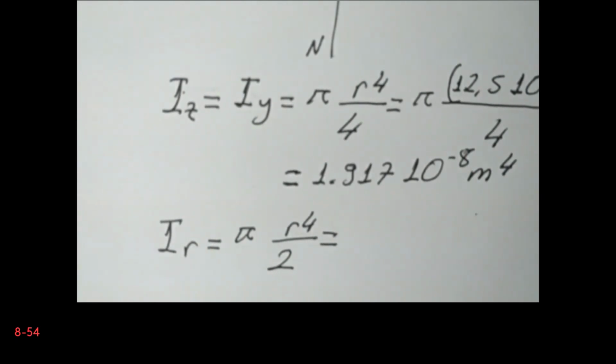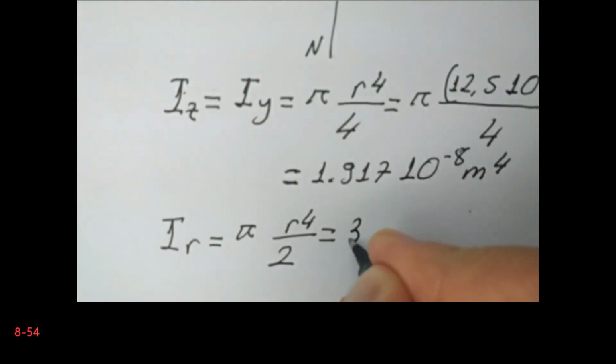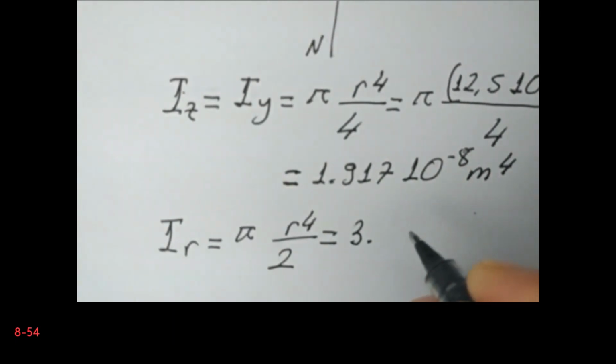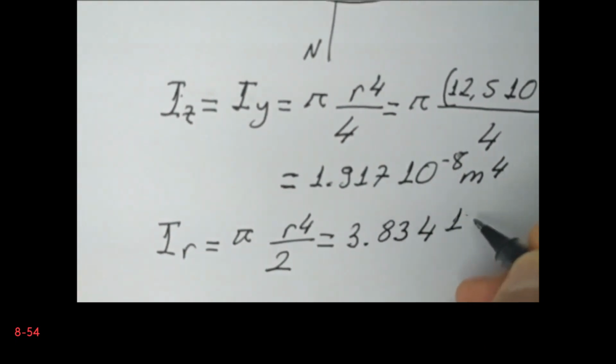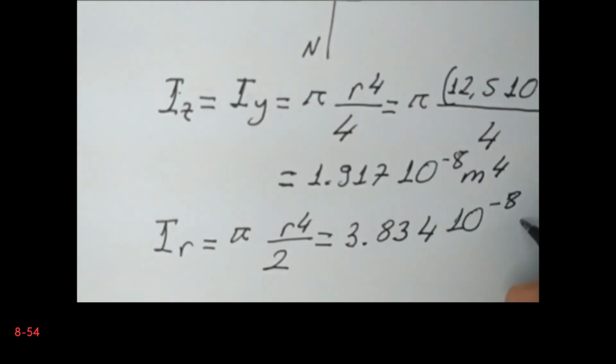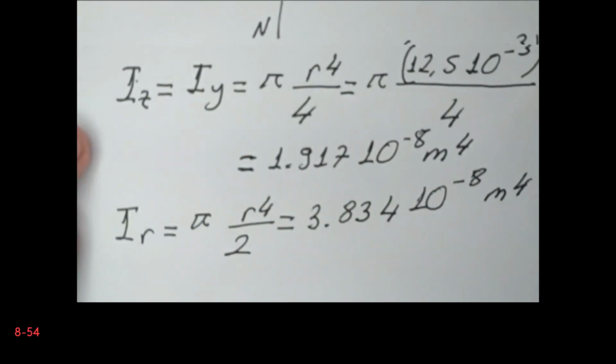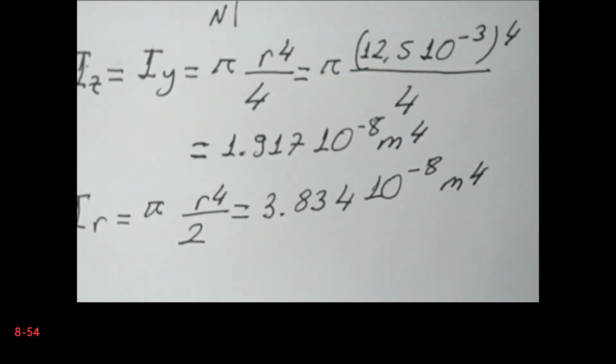The value is 3.834 × 10 to the power minus 8 meter to the power 4. Okay, so these are the rotational moments of inertia and bending moment of inertia.